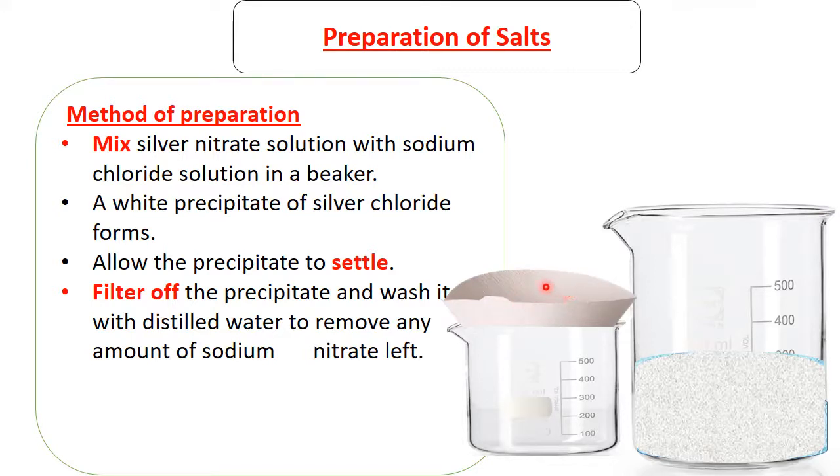The salt can be wet, meaning that it has a bit of sodium nitrate. So we have to dry the salt. That's the only way we can get the pure salt. So that step is to dry the precipitate on the filter paper. These steps, allowing the precipitate to settle, filtering off and drying, are the last steps of this process. Otherwise, the first step is just to mix the two solutions.